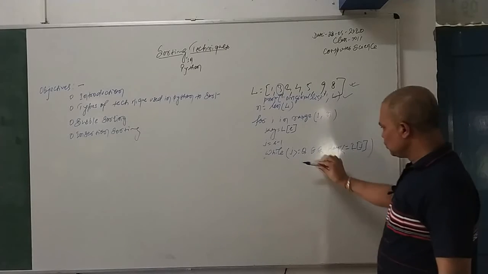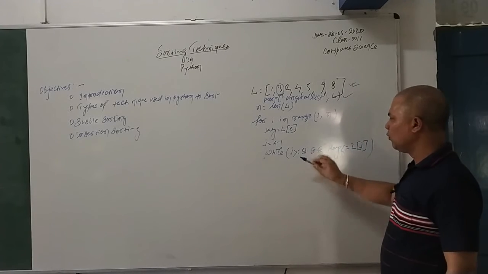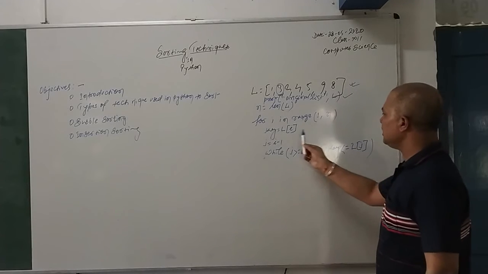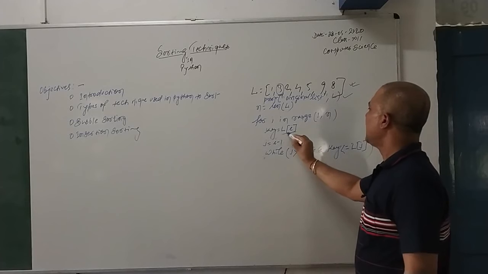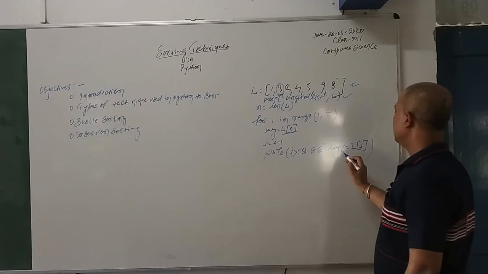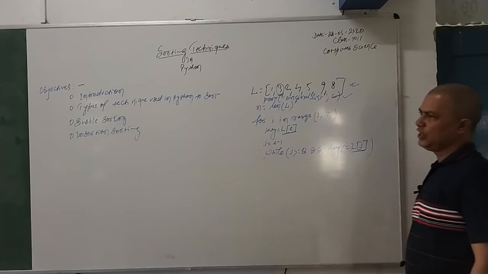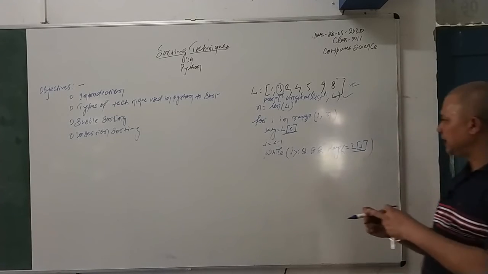Here I am using two conditions in the while. One is that till the j value is greater than or equal to 0 it will work, and the key, that is L of I, will be less than equal to this L of j. It will keep on swapping.